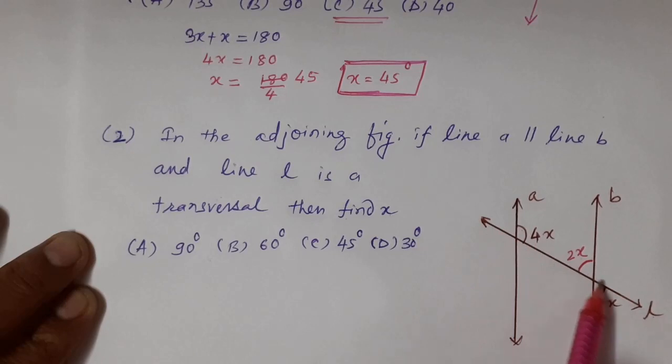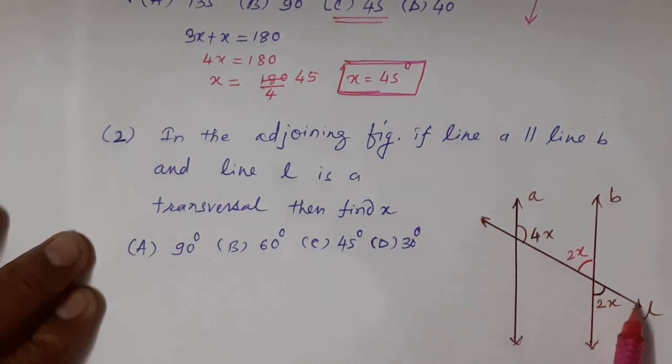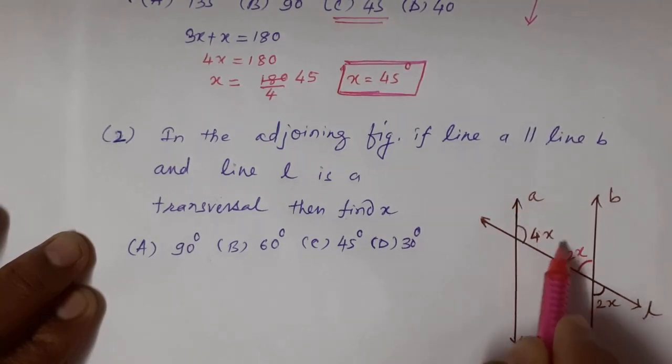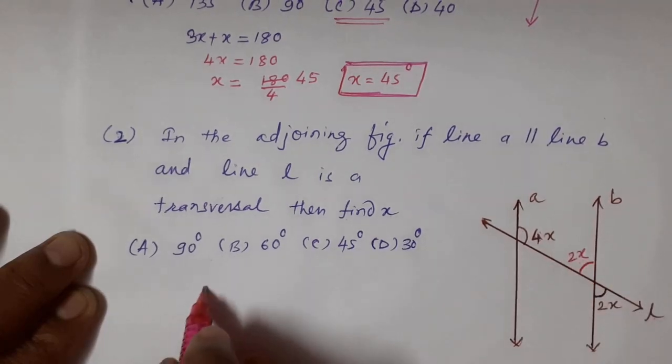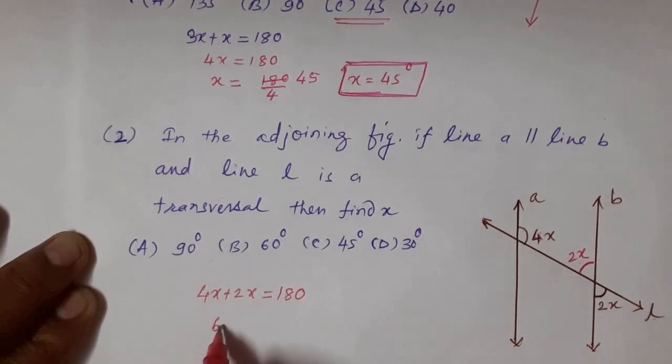Now this is the transversal. Again our rule: if this is the transversal and these are the two lines, then this pair of angles is supplementary. What is this pair? 4x plus 2x is supplementary. So 6x is equal to 180.